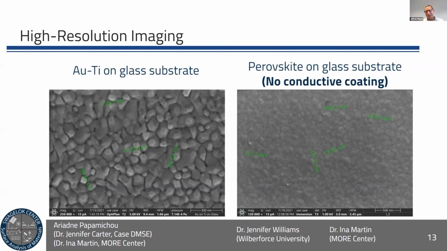This is an insulating sample on an insulating substrate, and this is an image of the grains to get the grain size and grain morphology without applying any conductive palladium coating. If we were to apply palladium to try to image this, it would most likely cover up a lot of features of the thin film. But without that, just by going to low voltage and current, in this case, 1 kV and 13 picoamps at 120,000 X, we can still get very good images of the grains.